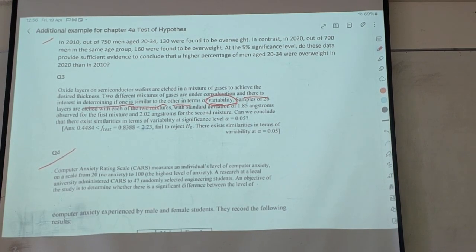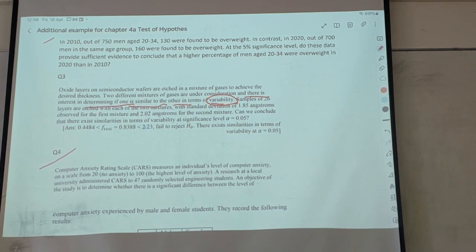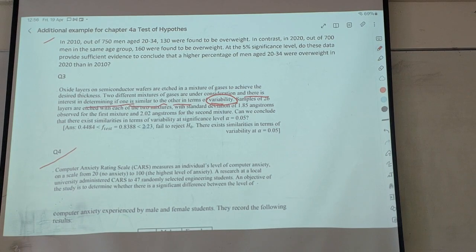Okay, again, variability means what? Variance. So what is this? This involves 2 population variances. So you have to use the ratio of 2 variances. So you have to use that test. That is how you define which equation.